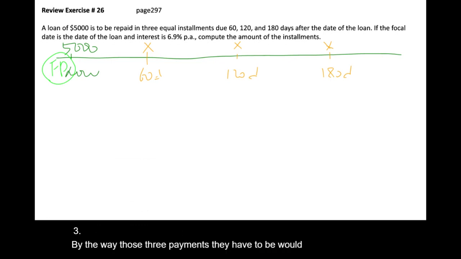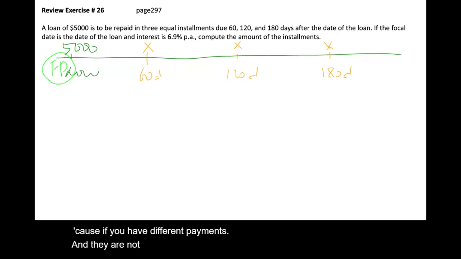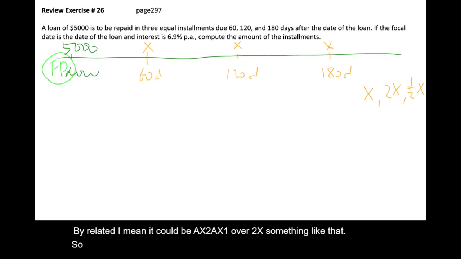Equal or related. Because if you have different payments and they are not related, by related I mean it could be x, 2x, 1 over 2x, something like that, then you can solve the problem.